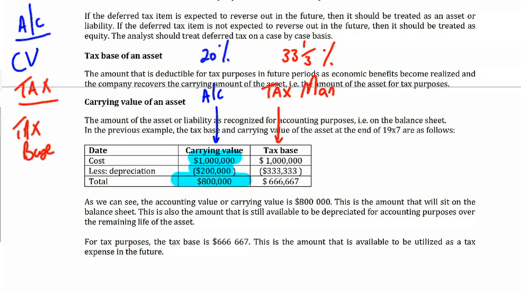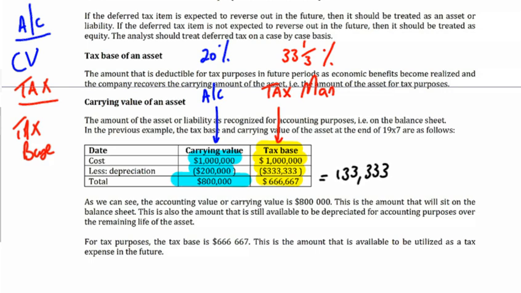$800,000. When I look at it from the tax man, he also started with $1 million, but he gave me 33 1/3%. What's his tax, what we call tax base? 666,667. Okay, if I then have to say, well, what's the difference between the two of those? It'll equal 133,333.